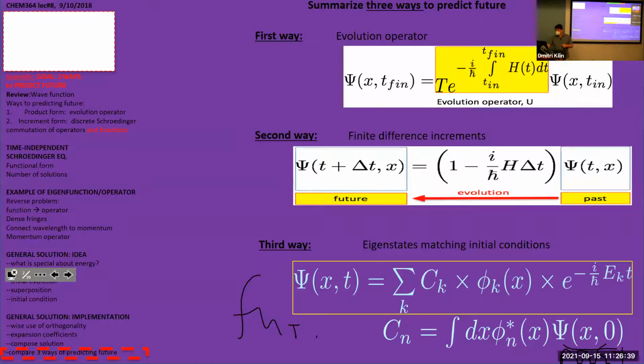Okay, last time we got approval of everyone, I don't remember by votes or by silence, that there is a third way to predict the future. If you know the wave function of the past at time 0, we can get the wave function at future time t by getting expansion coefficients and then plugging them into the summation with 3 components: time development with energy of the eigenstate, the eigenstate itself, and the expansion coefficient. We are going to practice this recipe in the coming week.